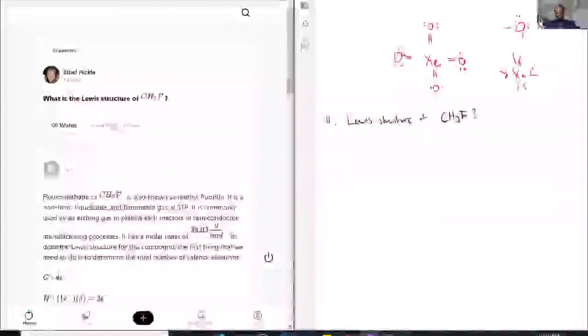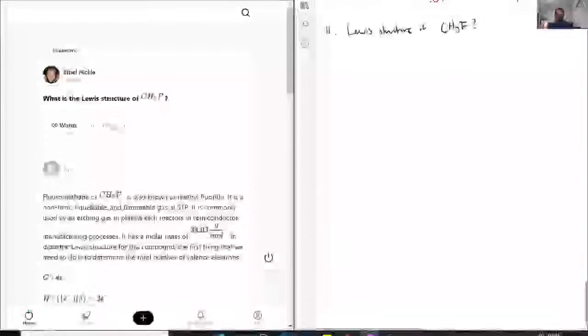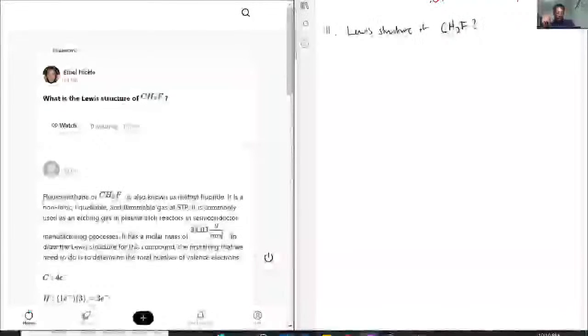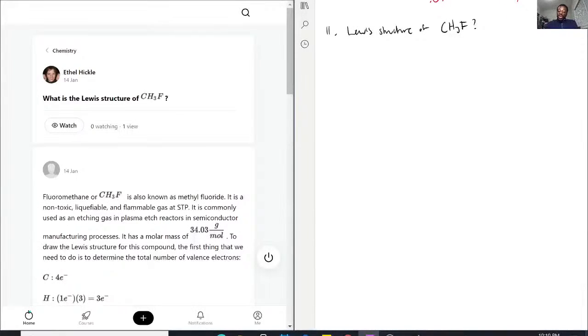Okay, so with this, we want to be able to first find out, like I usually do, how many electrons we're working with from each atom. So with that being said, we have a carbon, 3 hydrogens, and 1 fluorine. For carbon, being on the 14th column, it would contribute 4 valence electrons.